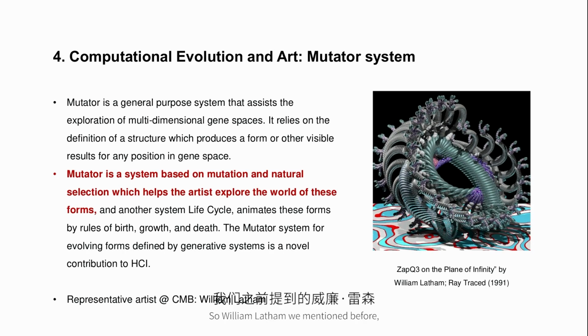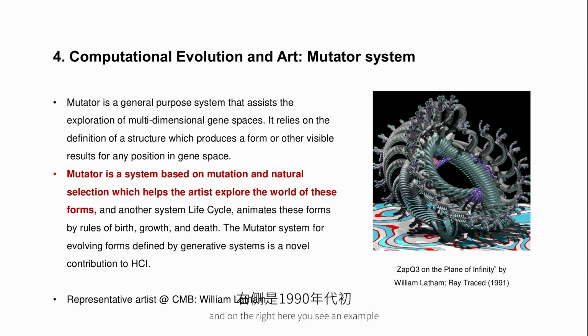So William Latham, we mentioned before, developed in the late 1980s, early 1990s, a computational version of his symbolic AI system, rule-based system, to create life forms that have an organic sense.